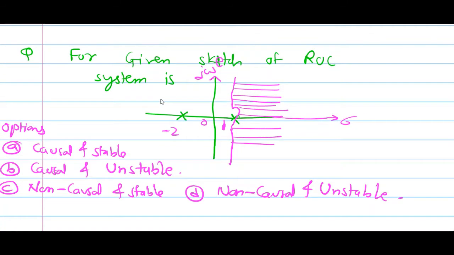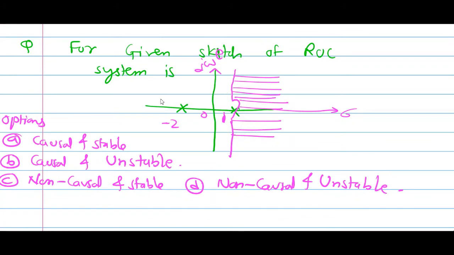Let's look at one more question. For the given sketch of ROC, the system is. Okay, so it is not crossing the j omega axis, ROC is not including the j omega axis, so it is unstable. So we are left with option B and option D. Now for both the poles, the pole at minus 2 and the pole at 1, it is going towards the right hand side.